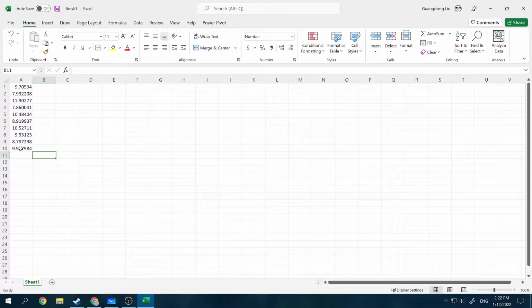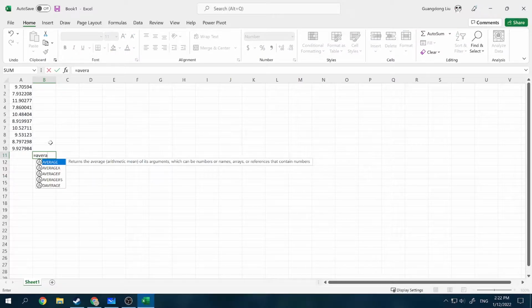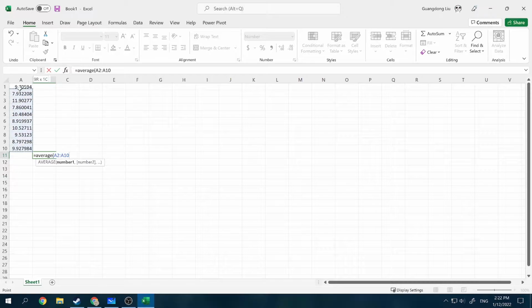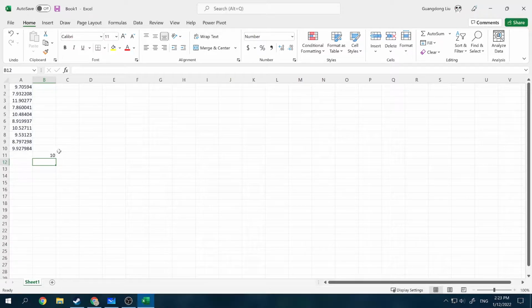And then I have 10 different students using a very good instrument to measure this thing 10 times. And in Excel, you can first just go equals average and put a bracket there. Select all 10 different measurements and then put another bracket.